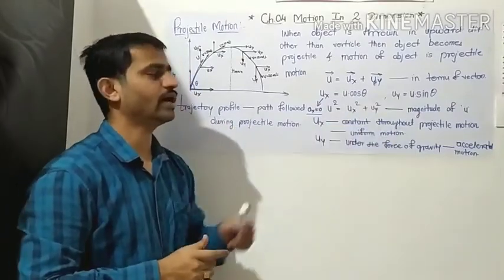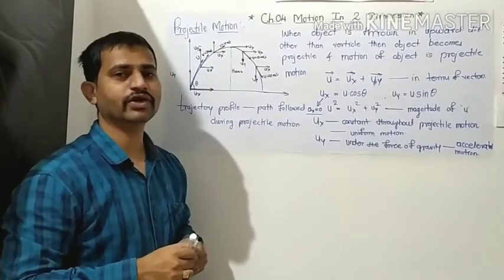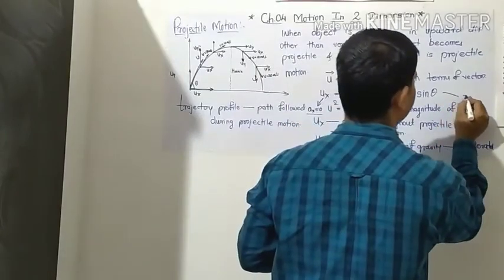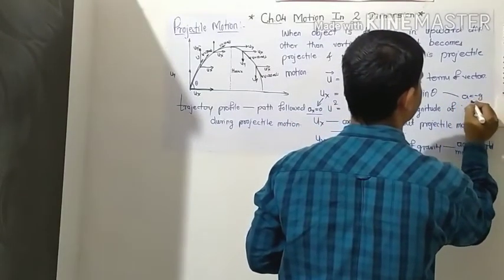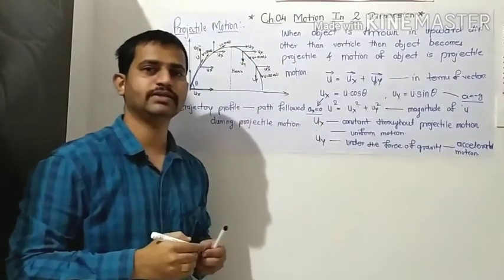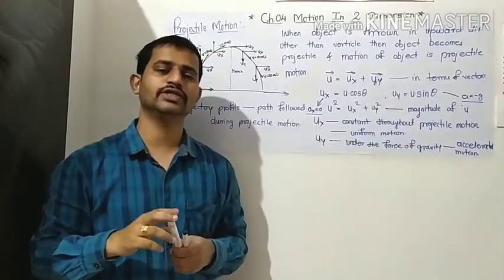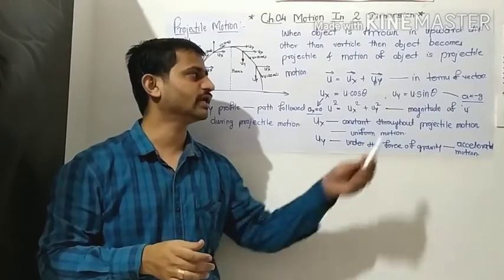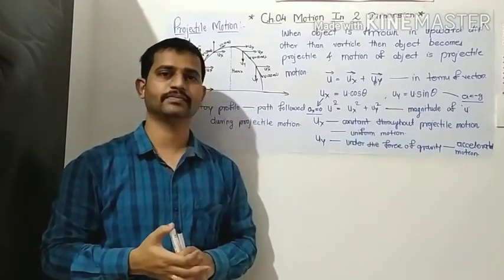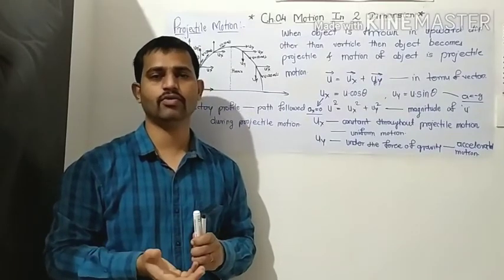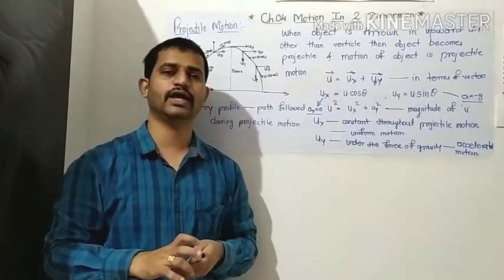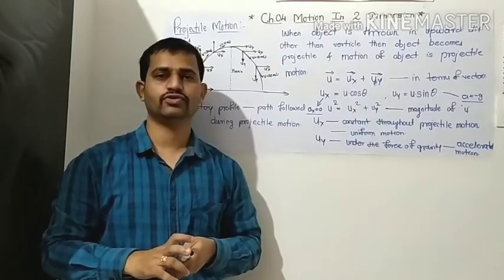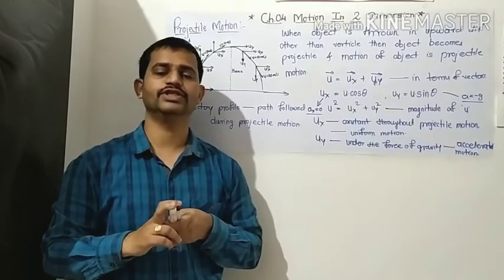In case of uy, it is under the effect of gravitational force, so we have to say that a is equal to minus g. Acceleration is equal to minus g because the motion of the object is in the opposite direction to that of gravity. The object is going from the bottom position to the upper position, so it is traveling against the force of gravity, and we take the value of g, the acceleration, as negative.